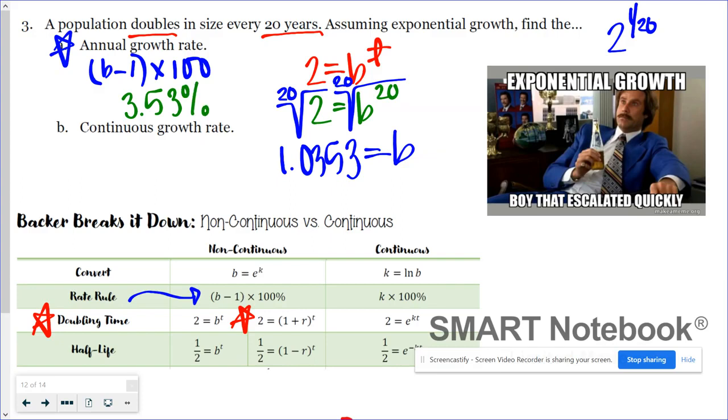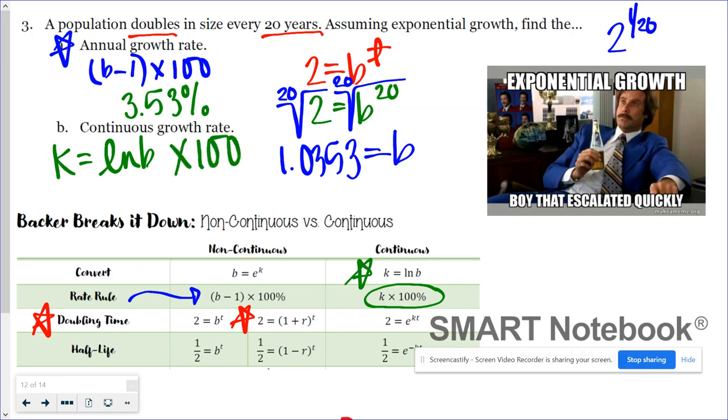Part B is asking about the continuous growth rate, right? So that involves me knowing what k is, because the continuous rate is k times 100. So I first need to calculate k. So k is equal to the natural log of b. I'm going to figure that out first, and then once I know what k is, I'm going to multiply it by 100.